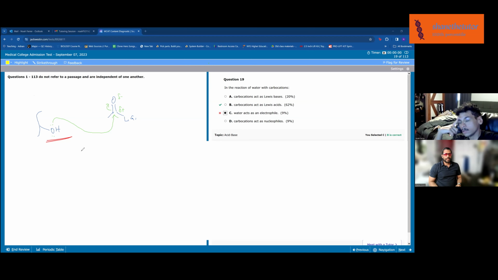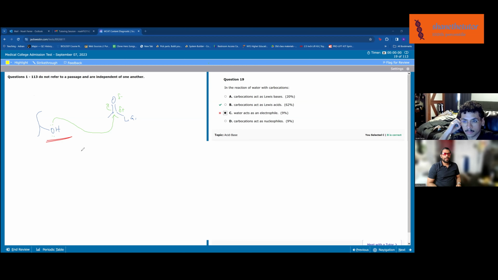Lewis acid. So what's the definition for a Lewis acid? Proton donor. So all the proton stuff is Bronsted-Lowry stuff. So then what is it? It's a nucleophile. How do you know?